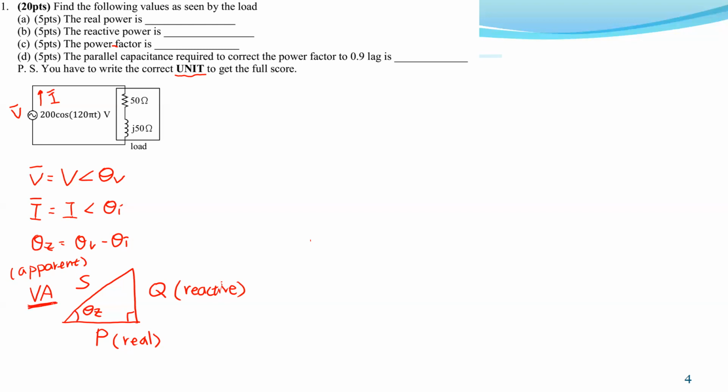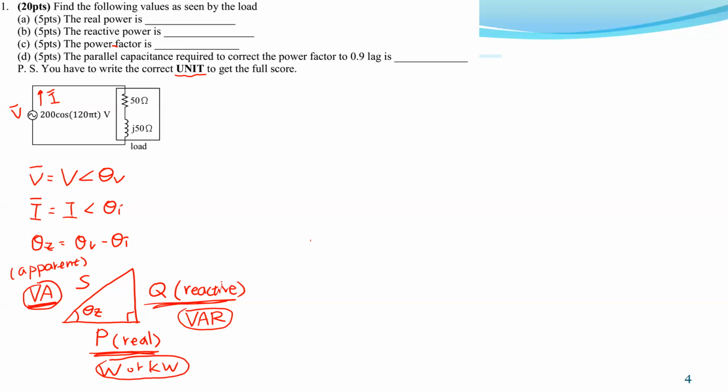And the unit of real power is watts or kilowatts. And the unit for reactive power, we use VAR. So you need to write the correct unit to get a full score.